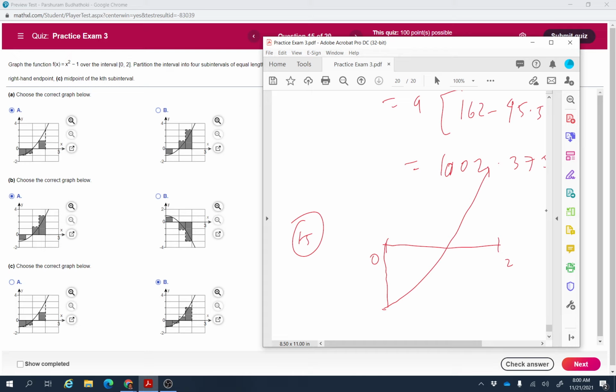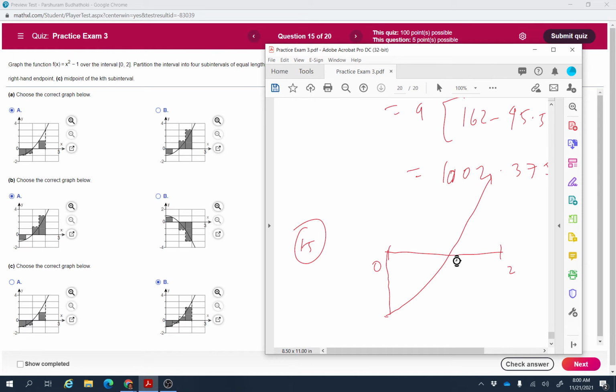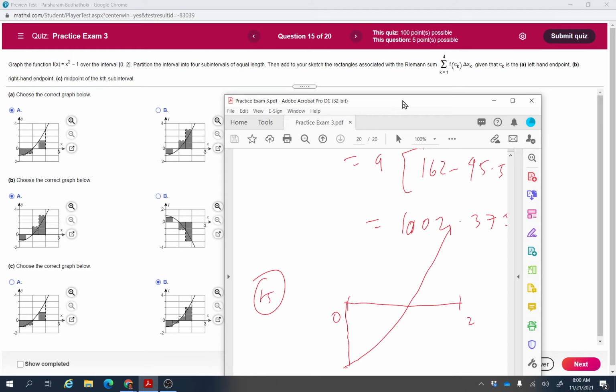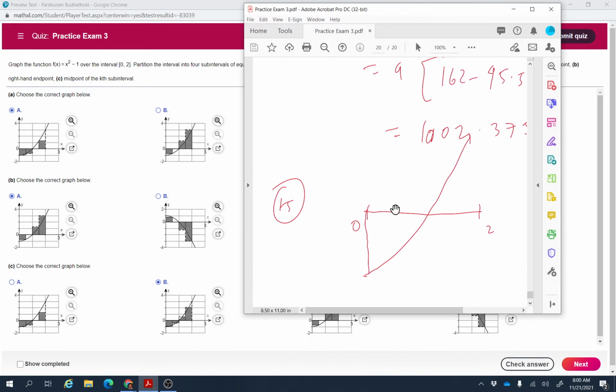So we want to graph the function. This is the function, and we want to divide this interval 0 to 2 into how many subintervals? 4 subintervals. So if you try to divide this 0 to 2 into 4 subintervals, that would be 0 to 0.5, and so on up to 1.5. I'm just going to do one of them. These are the 4 subintervals.